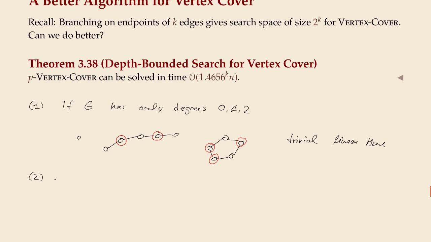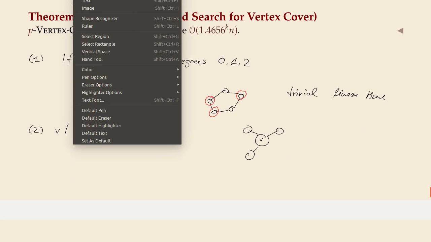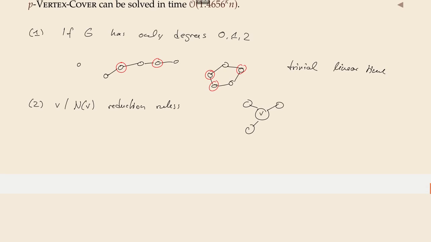But if it is not of this form, then we can use the mother of all vertex cover reduction rules. For every vertex, we either have to include this vertex or all its neighbors, because we have to cover the edges incident to that vertex V. The good thing now, if we exclude this case 1, is now we know there's a vertex of degree at least 3, like the one I've just drawn.